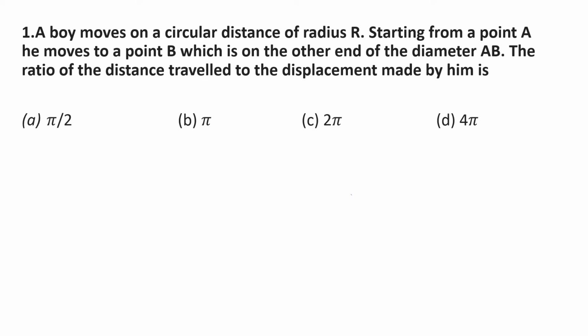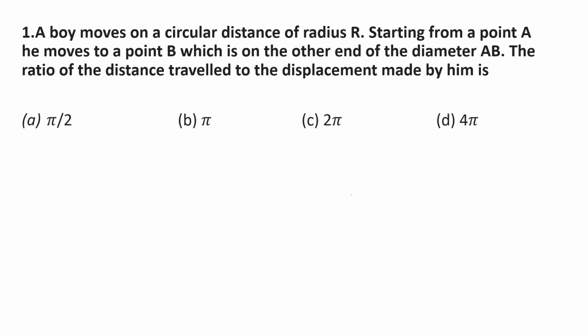Distance travelled means the total path covered by the boy. In this case, half of the circumference gives the distance travelled by the boy, and displacement means it is a change in position, or we can say it is the shortest distance between initial and final position. So the diameter gives the value of displacement.